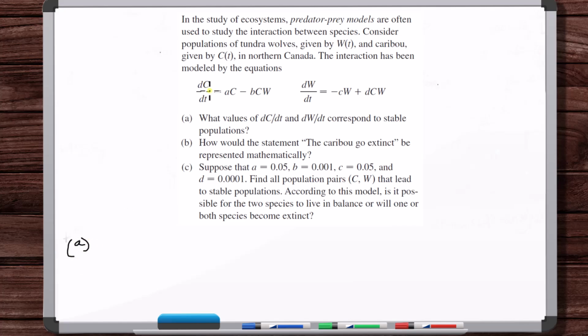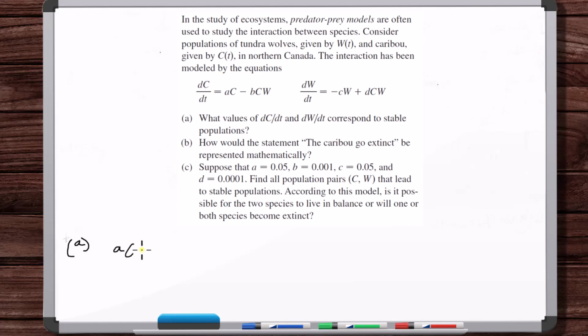That would be when dC/dt and dW/dt are equal to 0. The population is stable. It's not changing. So I guess it can be unstable because it's declining too fast, or maybe it's just, like rabbits or whatever, can balloon too much. So let's set both of these equal to 0 and solve.